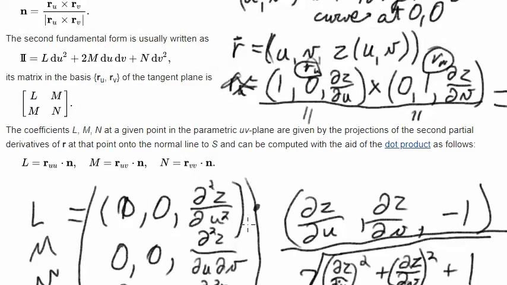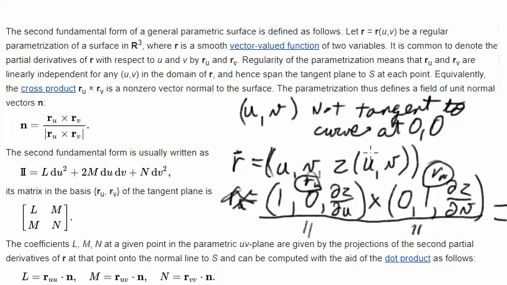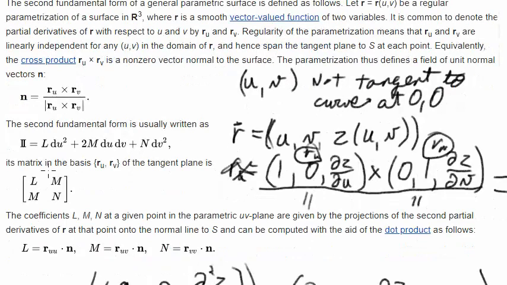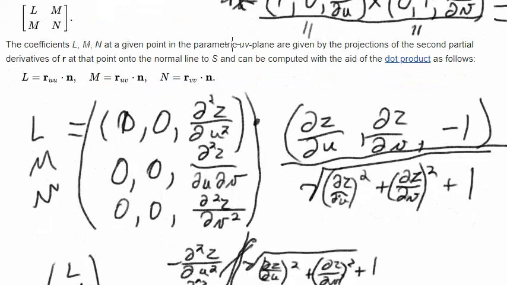Now the question is, how do we use L, M, and N? There is some ambiguity here, because they say the second fundamental form is usually written as this. It doesn't really say why or how. It says the matrix in the basis r sub u, r sub v of the tangent plane is this. I don't know exactly what that means.